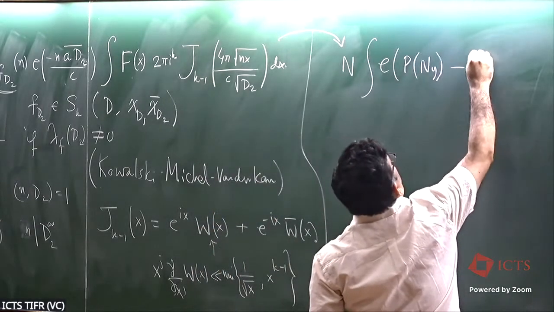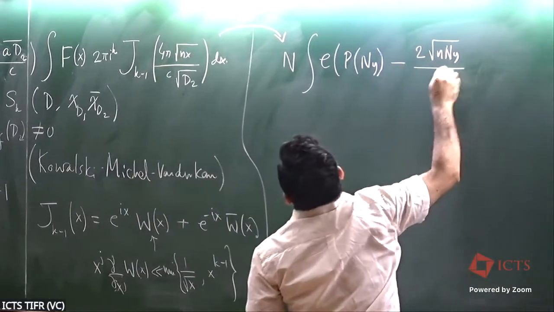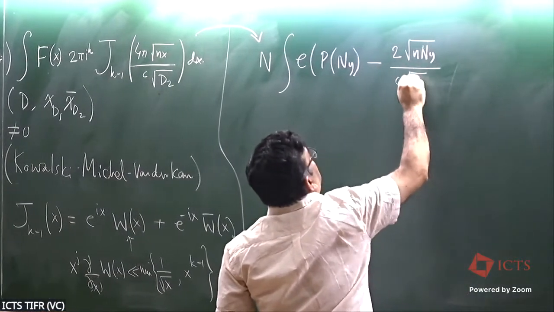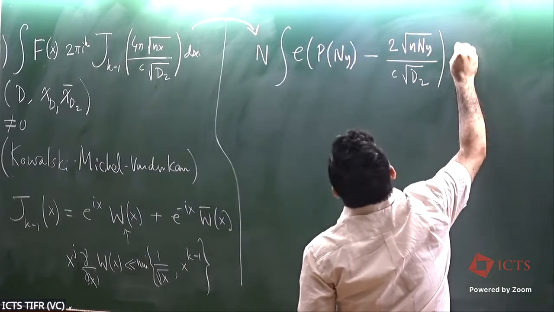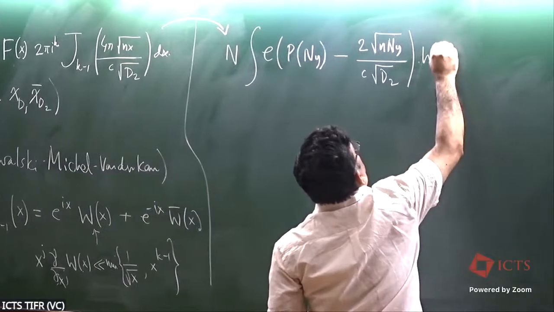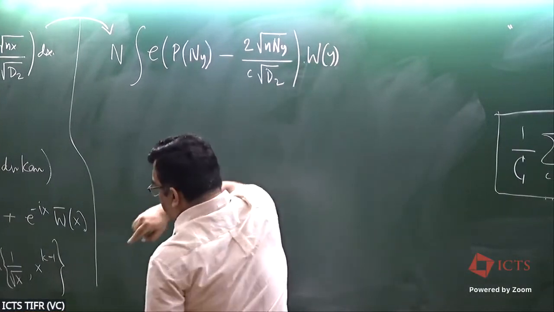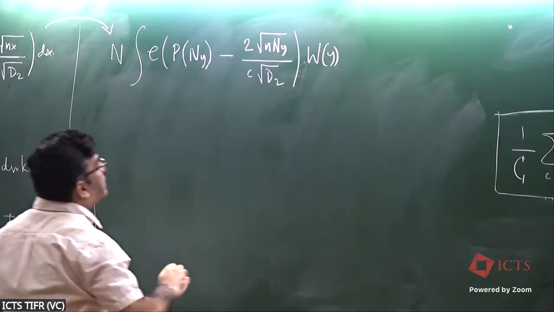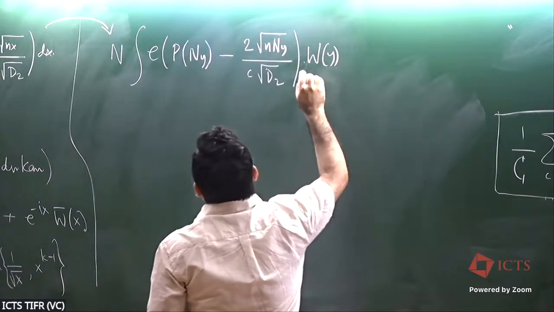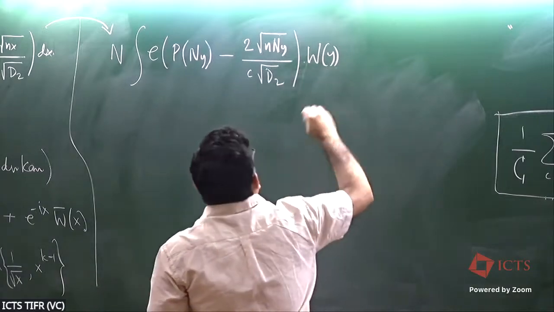So I'll get e(2 root n y / (c square root of D2)), right? And then there'll be a smooth function, some W(y). And so this W is different from the earlier W. Whenever I write a weight, I write W, but all the W's are different. So here this W means that y is supported between 1 and 2, a nice bump function type of thing.